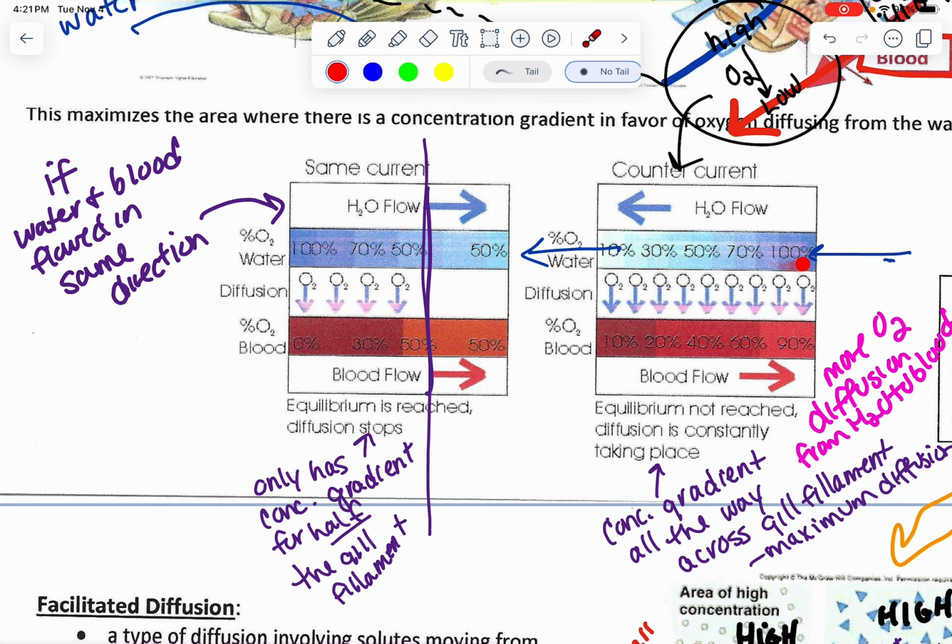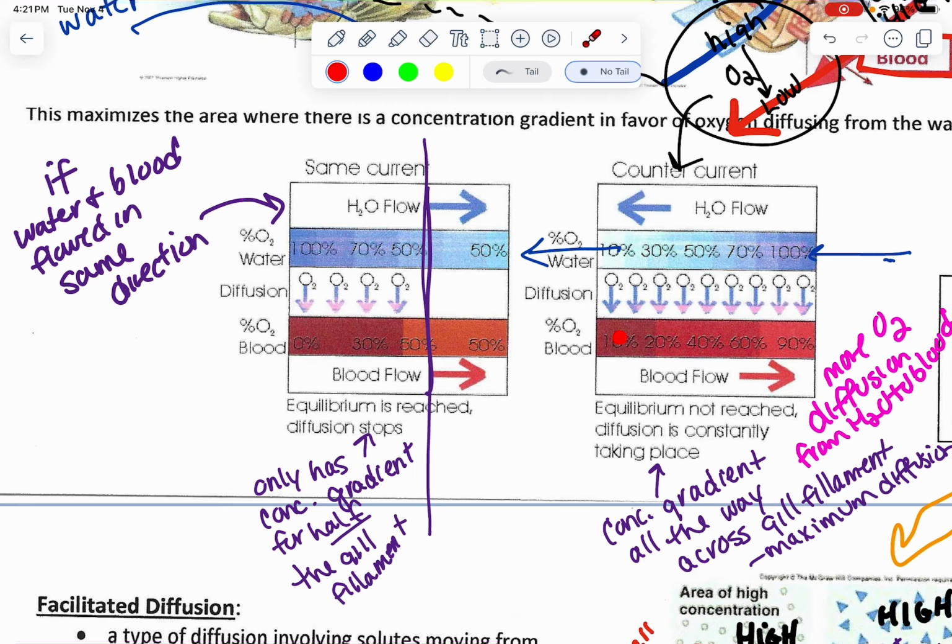So let's say we have a high amount of oxygen here, and you can see as it gets lower as the water flows across, because oxygen is leaving the water and diffusing into the blood. Because there has to be a high to low concentration, because the blood coming in going this direction has the lowest amount of oxygen because it just came back from the tissues.